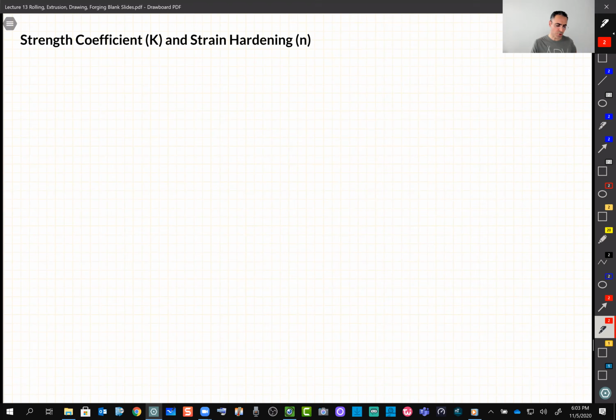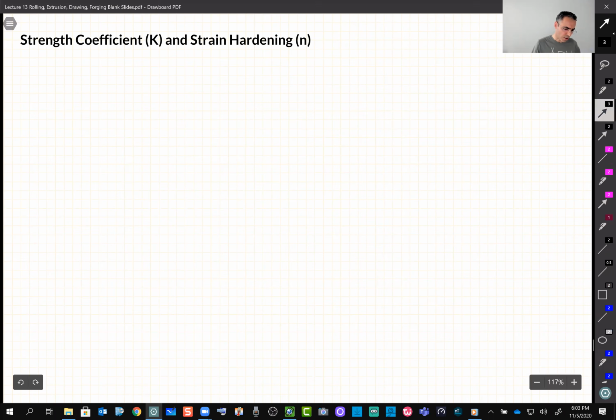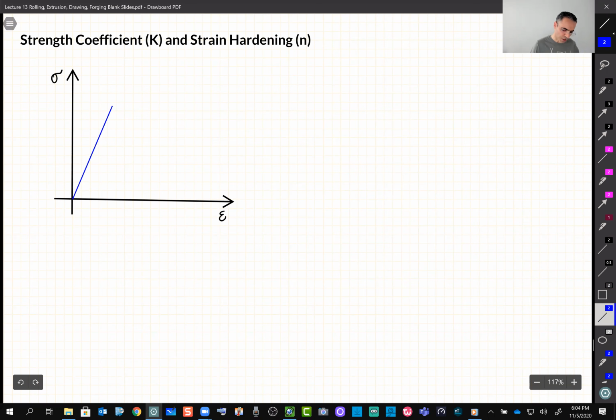We need to introduce two parameters. One is the strength coefficient and one is strain hardening. And let me quickly get to those, and these are very, very simple. So let's first look back at the simple idea of Hooke's law and those nice graphs that we learned, stress and strain. We learned that there is this linear portion, and after that linear portion, we have this plastic deformation.